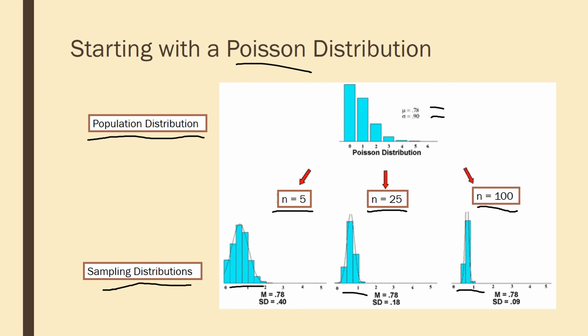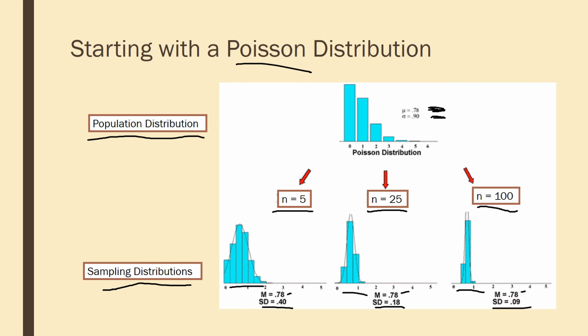So the means again for the sampling distributions here are all around our population mean of 0.78. I mean, they're exact. And then we see that our standard errors here, our standard deviation of our sampling distributions, are all lower than our population standard deviation of 0.90.